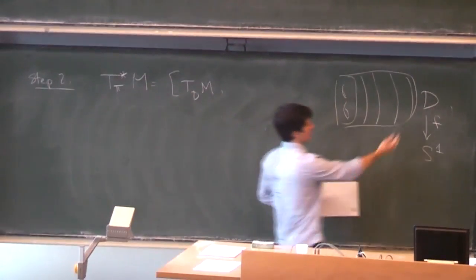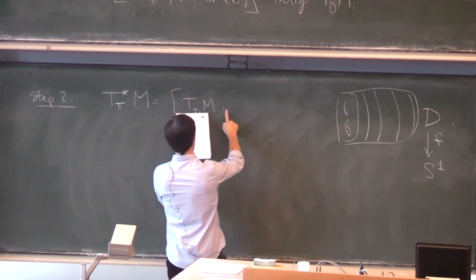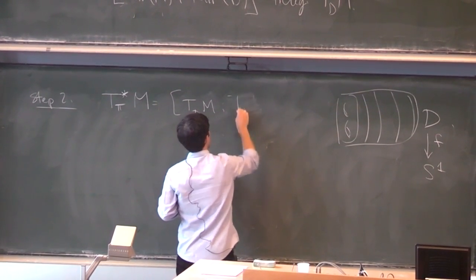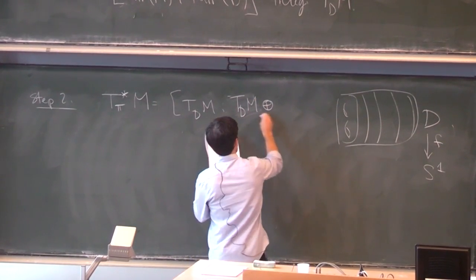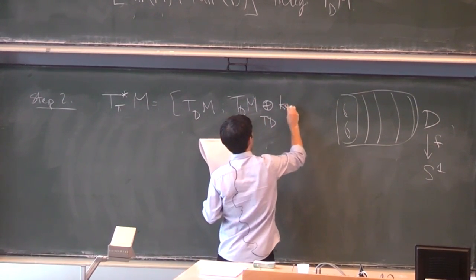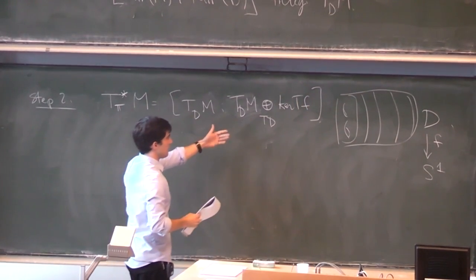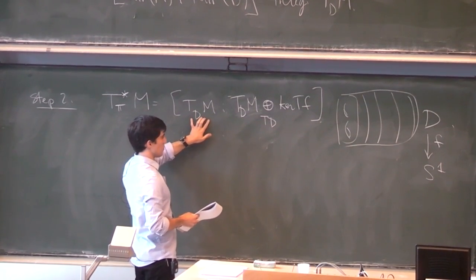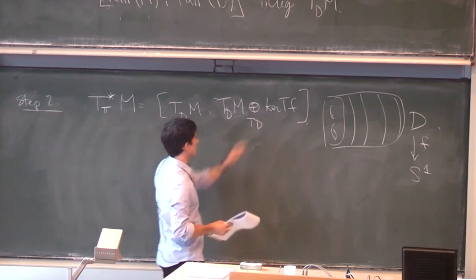So I'll call the projection map to S1 F. And here I can take the fiber product over TD with the kernel of TF. So this is basically forcing the vector fields inside this Lie algebroid to be tangent to the symplectic fibers here, right? So that's all that this means.